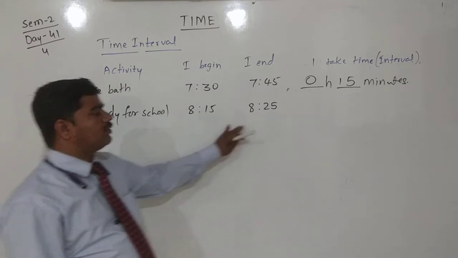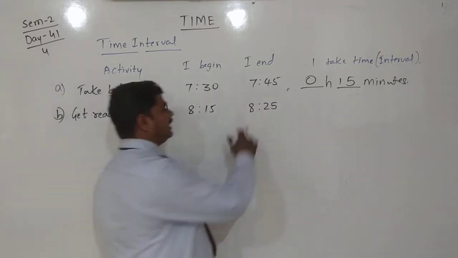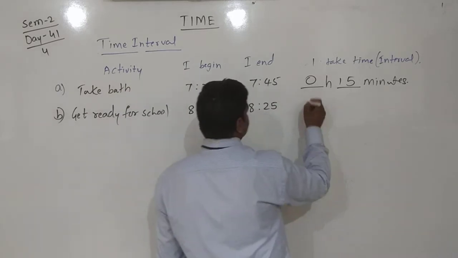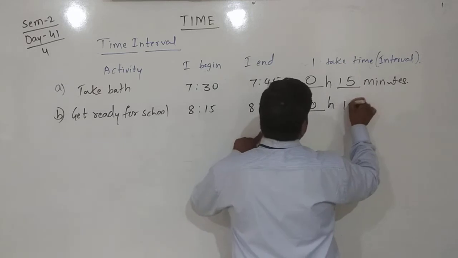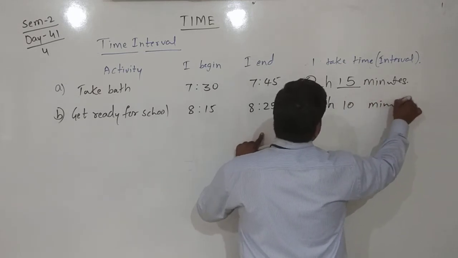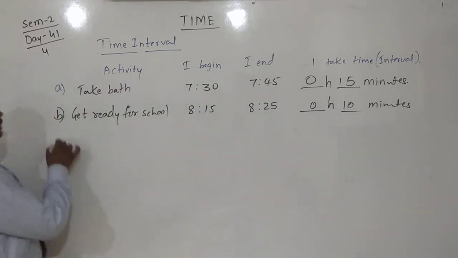Then you will leave home at 8:30, like that. Then write here 0 hours. How many minutes? 10 minutes is the difference. 10 minutes.